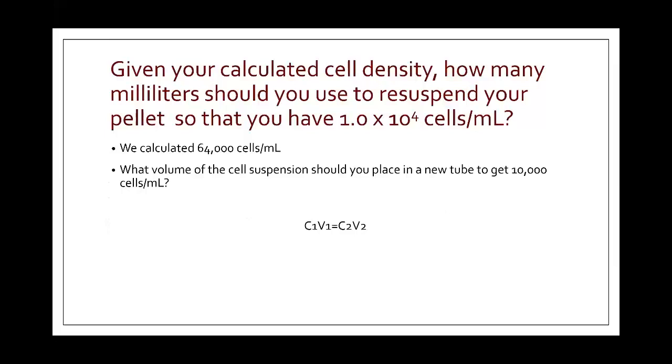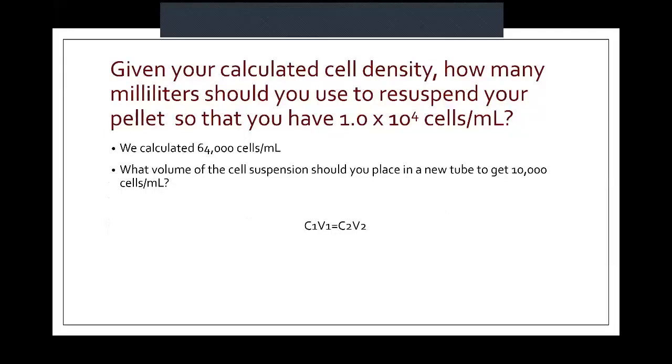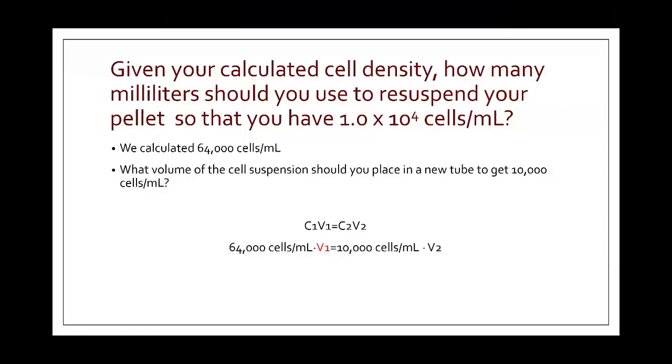Going back to Gen Chem, with C1V1 = C2V2, you can do this calculation. Our C1 is the calculated concentration that we started with, 64,000 cells per mil. Our desired C2 is 10,000 cells per mil. And V2 is whatever volume of cell media we want to end up with, right? So how do you find V1?